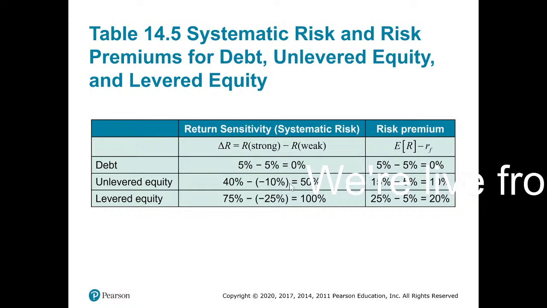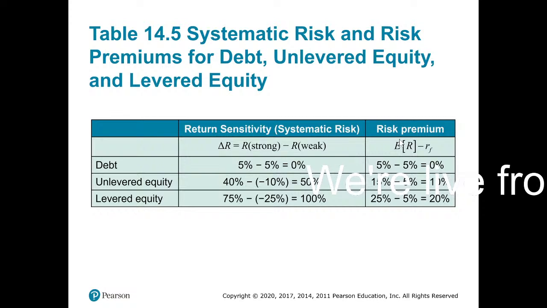For unlevered equity, the spread is 50%. For levered, it's 100%. So it's much higher risk, and double the return there. That's the excess return. The excess return, if we subtract the risk-free rate, is what we call a risk premium.